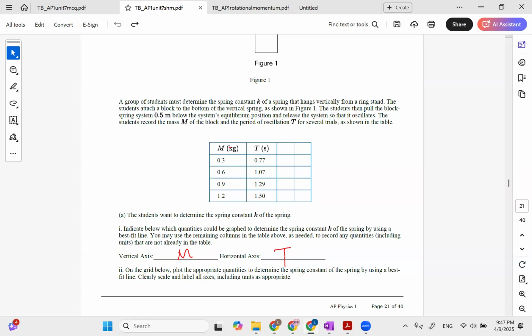The same. But remember, pay attention to what is being asked. It says which quantity is to be graphed to determine the spring constant by using a best fit line. That's the key. It's a linear line. If you use mass versus period, is it a linear line?